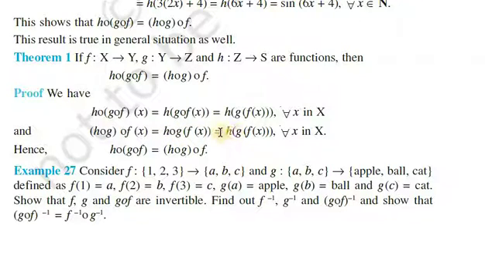Now you apply this o, by the definition of composition of functions, you get this one. So these 2 values are the same. Therefore (h o g) o f is equal to h o (g o f). Okay, so you can just try to see this definition and example and understand a bit.